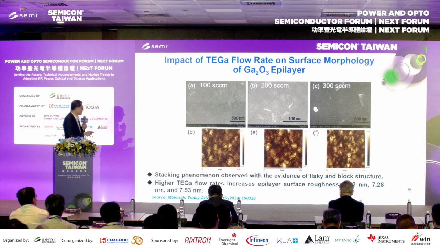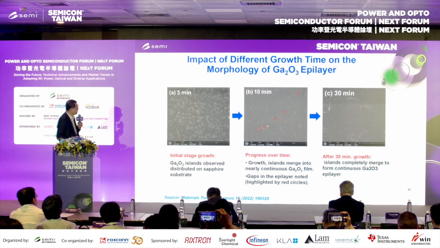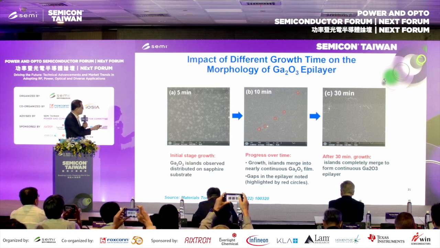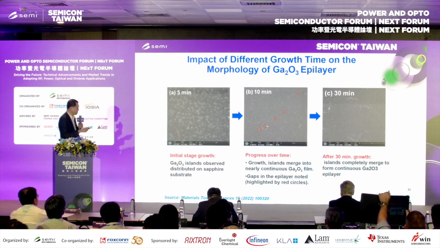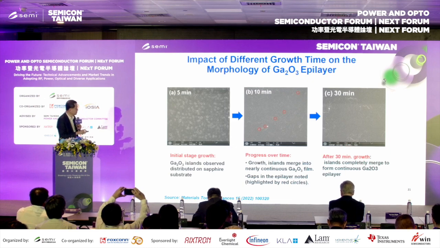When the TEGa flow rate increased, the surface roughness will increase. Also the different growth times, the time evolution: this is 5 minutes, this 10 minutes, and 13 minutes. And after 30 minutes, they completely merge together.